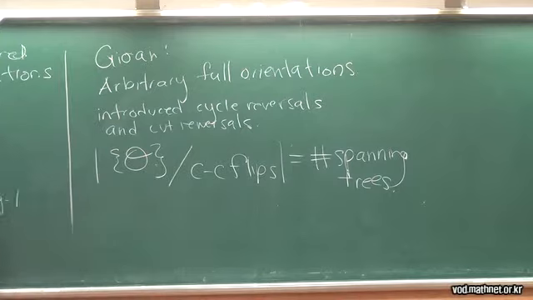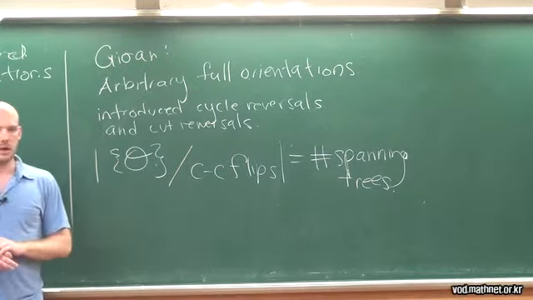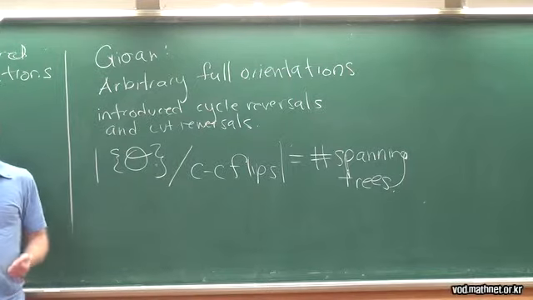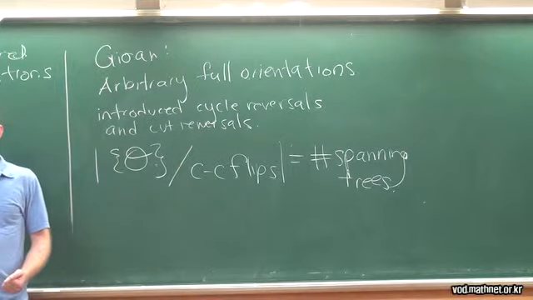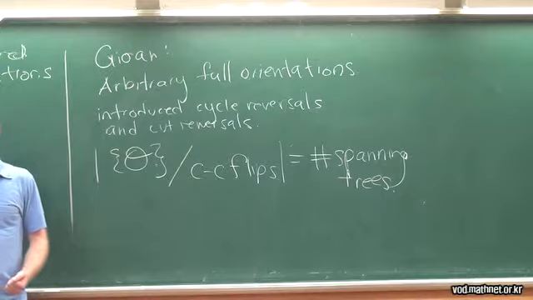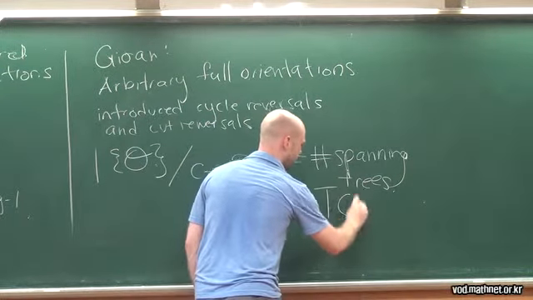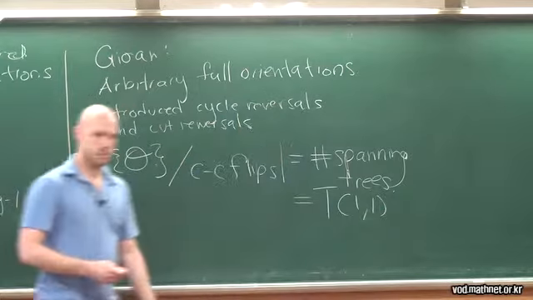This is a rather beautiful result. And he actually got something quite a bit stronger. He gave a unified interpretation of all of the evaluations of the Tutte polynomial for integers between 0 and 2. So if you know anything about the Tutte polynomial, this is the Tutte polynomial evaluated at 1,1.